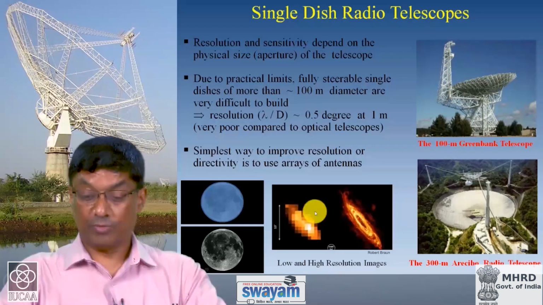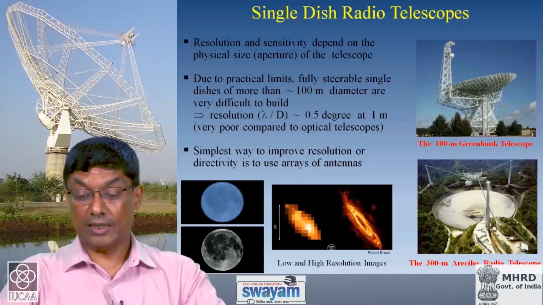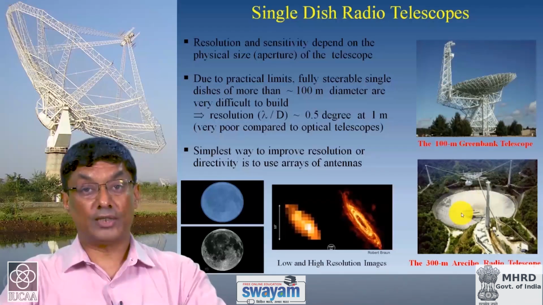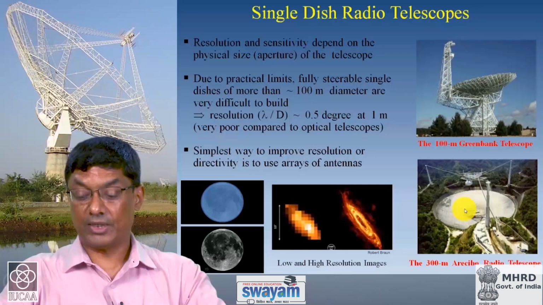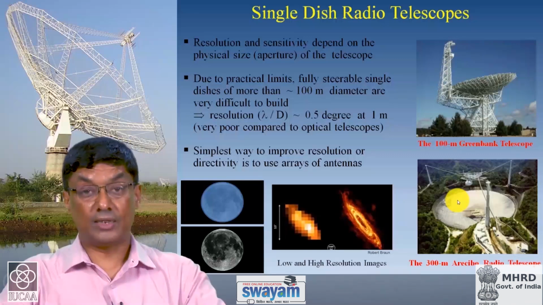So people do try to build larger single dishes, but they are fixed in the ground and cannot be moved, and therefore cannot easily track over a large region of the sky. This is an example of the 300-meter Arecibo radio telescope, which has been around for several decades now, and there's now one in China which is 500 meters in size.